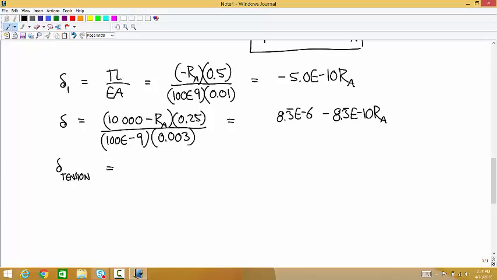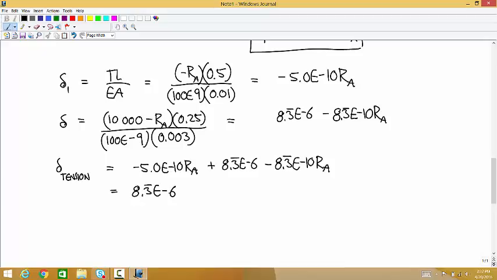So the total elongation due to tension is negative 5 times 10 to the minus 10 RA plus 8.3 times 10 to the minus 6 minus 8.3 times 10 to the minus 10 RA. And so that's 8.3 repeating times 10 to the minus 6 minus 13.3 repeating times 10 to the minus 10 RA.